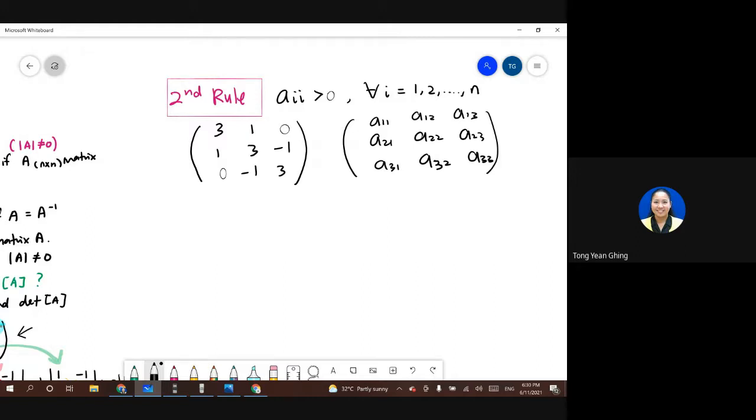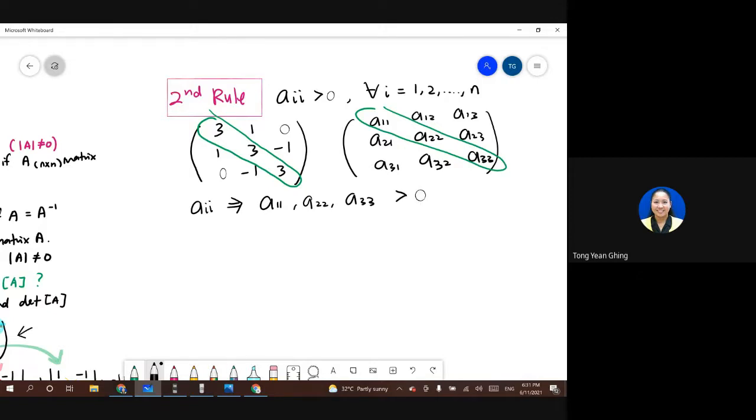So matrix A_ii means the same thing. If we have a 3 times 3 matrix, we will have A11, A22, A33, that means the entries on this diagonal line. A_ii means that A11, A22, A33 have to be larger than 0.